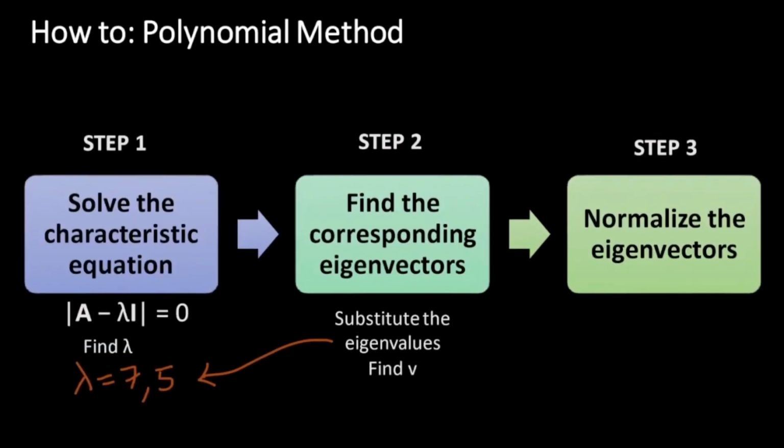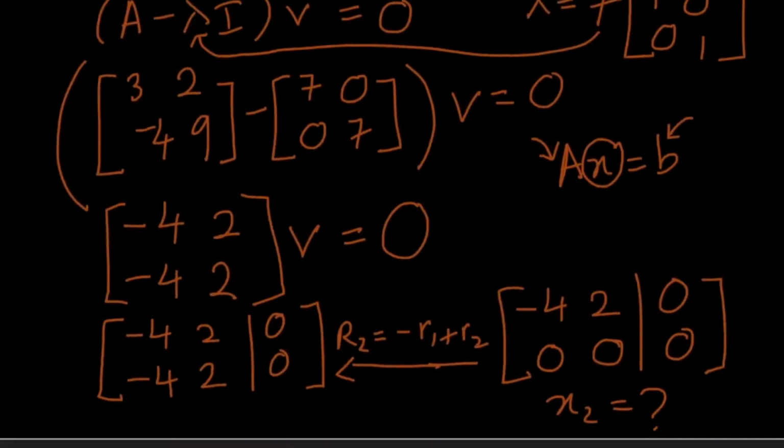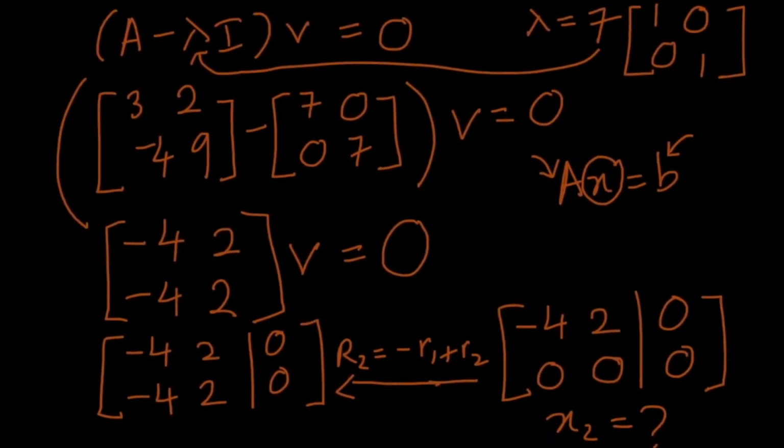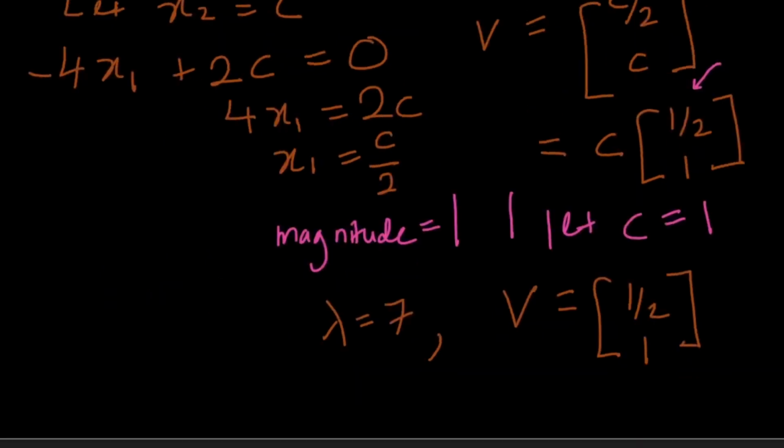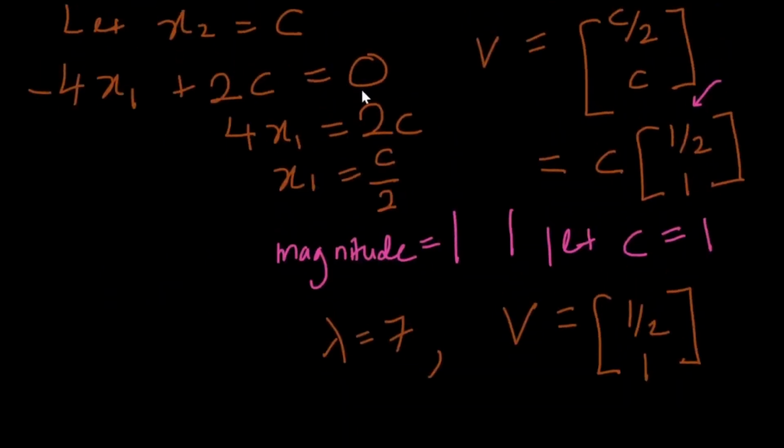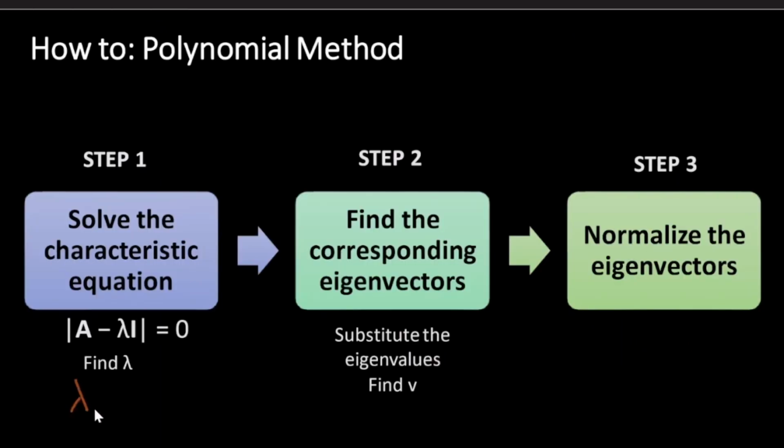If you still remember, there are two values for lambda, which are 7 and 5. And so far, we've only considered lambda equals 7. So I would denote lambda 1 as 7, and here we are finding V1. So far, we have V1 as (half, 1) and lambda 1 as 7. Now let's consider when lambda equals 5.